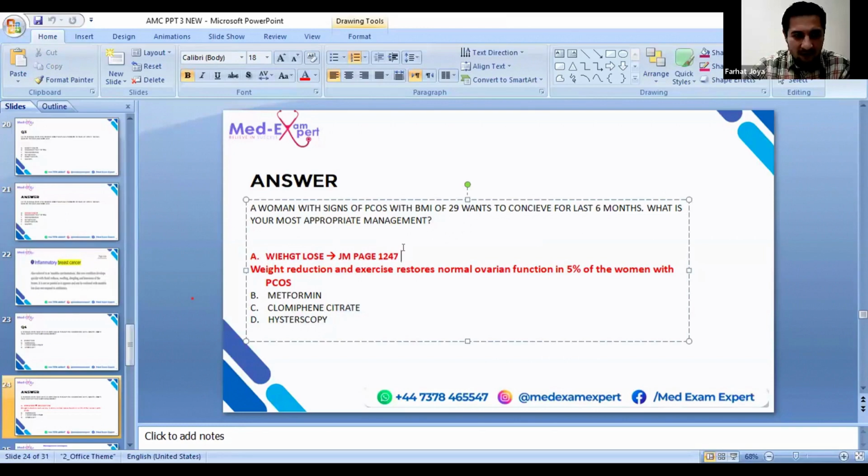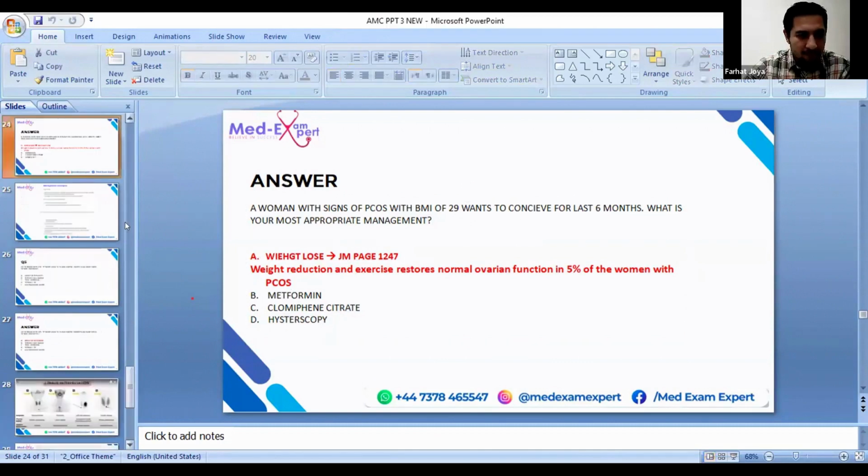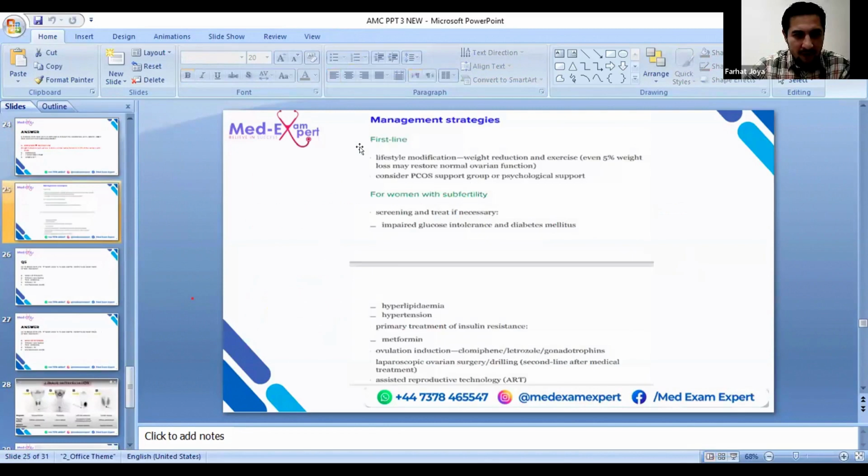The answer is in the textbook, page 1247. Weight reduction and exercise restores normal ovarian function in up to 5% of women with PCOS. Again, here we have the first line. What is the first line? Weight reduction and exercise. Great.